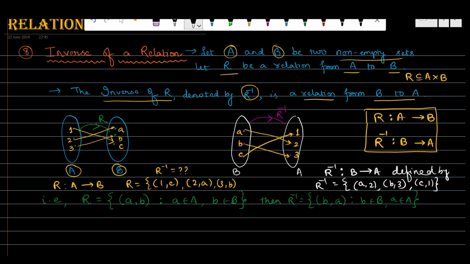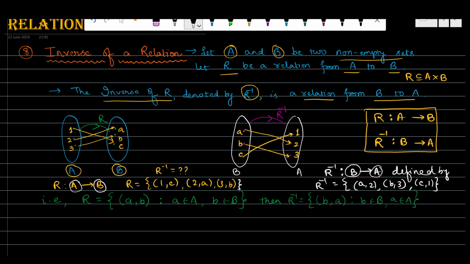Right, so we can clearly see that if R is a relation from set A to set B, then R inverse is a relation from set B to set A.